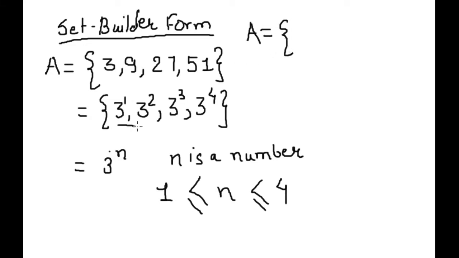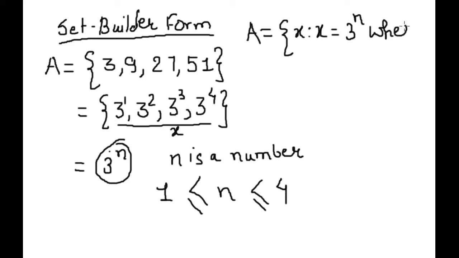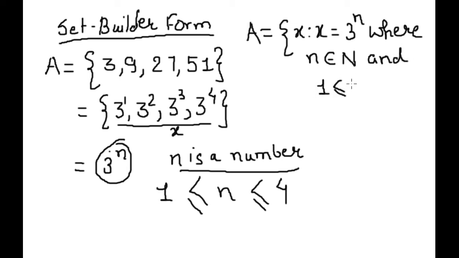Here we denote this thing as x. x is equal to 3 to the power n, where n is a natural number, and this natural number should be greater than or equal to 1 and less than or equal to 4.